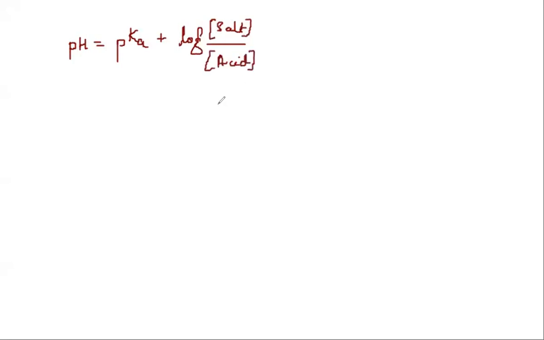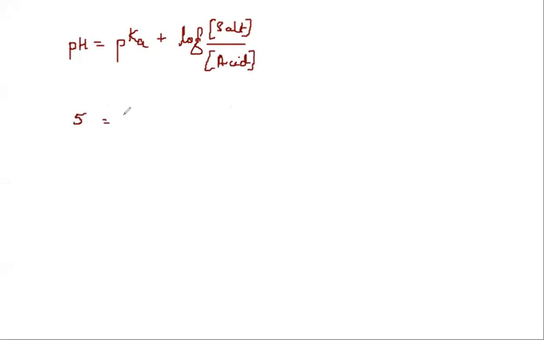According to Henderson's equation, pH is equal to pKa plus log of the ratio of molar concentration of salt to molar concentration of acid. Now pH is given as 5.